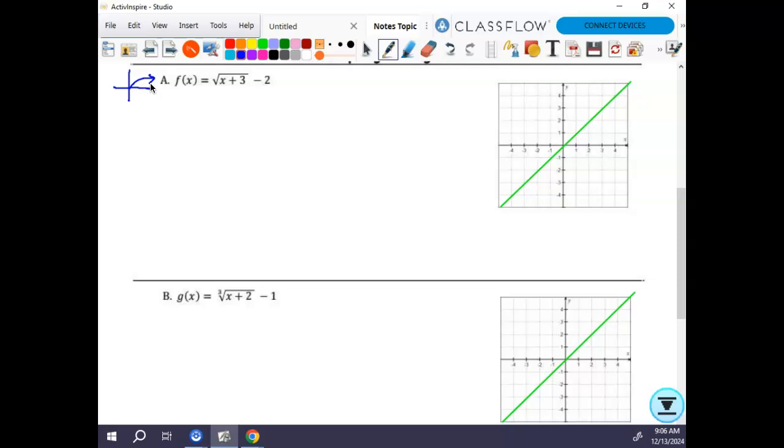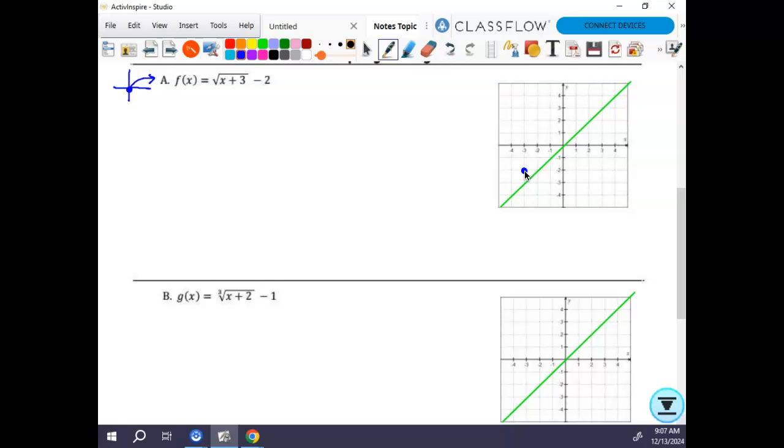Go down 2. Okay, so if I have this point here at 0, 0, because that's where it starts right there, from there I'm going to go to the left 3 and down 2. Oh, and remember, I have the green line in there because I can't hit erase, and it doesn't erase right, but that means I have a point at -3, -2.